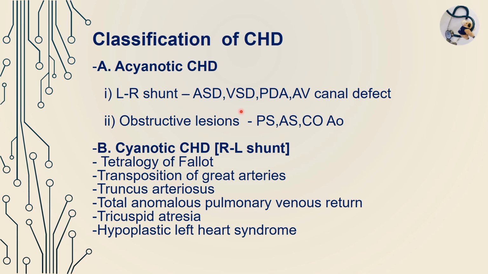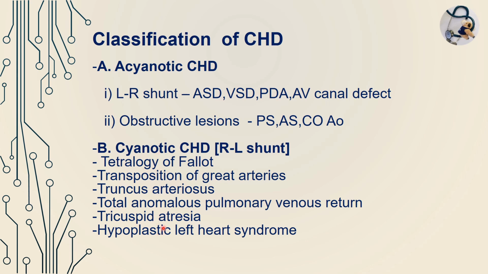For easiness you can just remember 3 holes, that means left to right shunt. Holes occur in ASD, VSD, PDA. 3 tubes you can remember, that is the obstructive lesions. The tubes are pulmonary stenosis, aortic stenosis, coarctation of aorta. Then you can remember 5 blue babies or 3 blue babies, or just remember 5 T's.